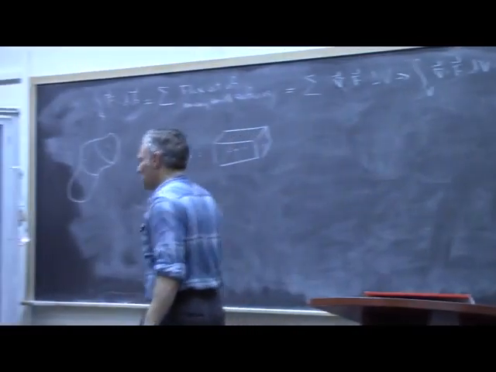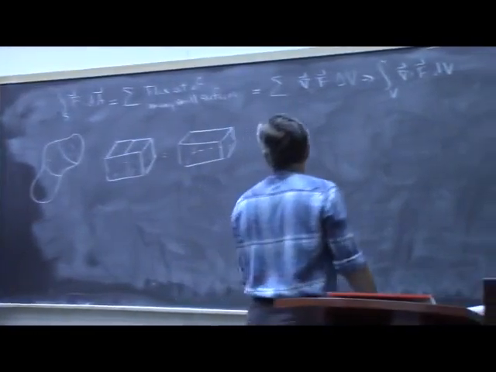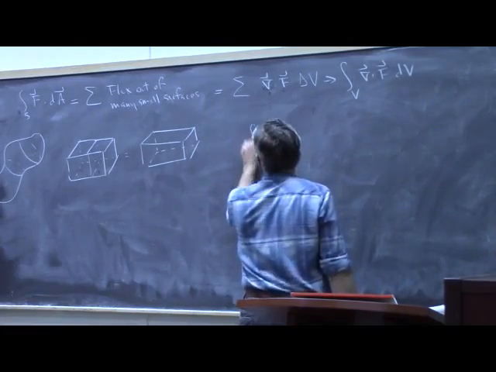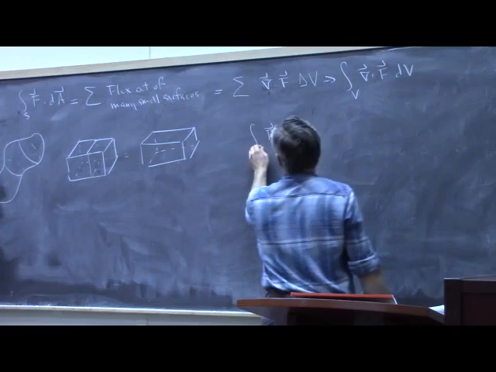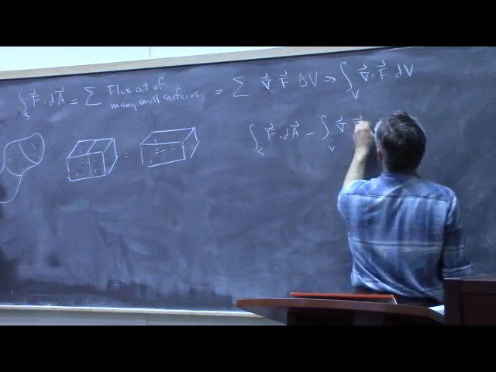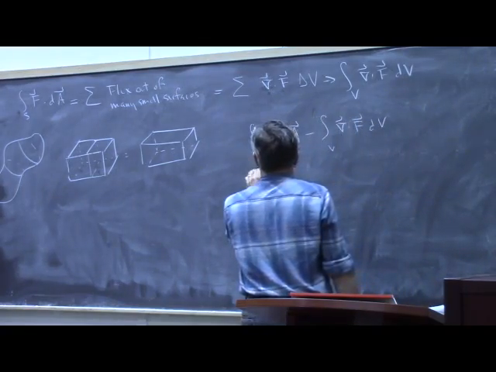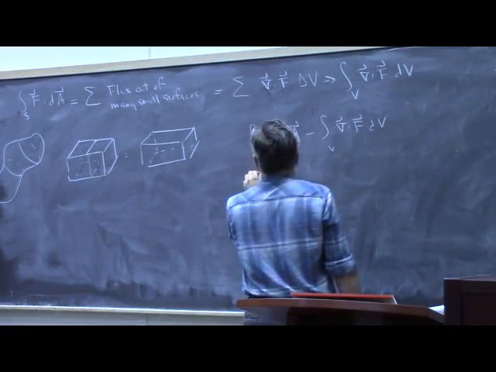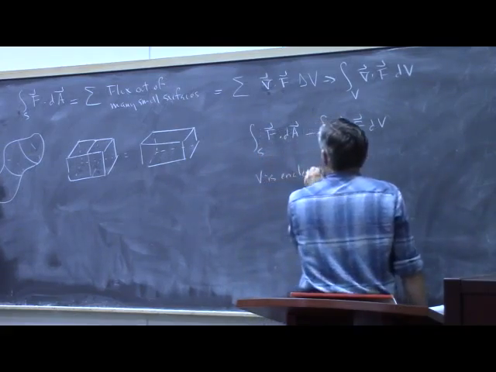So let me just write this one more time. So F dot dA, sum of the volume of the divergence, dV. V is enclosed.